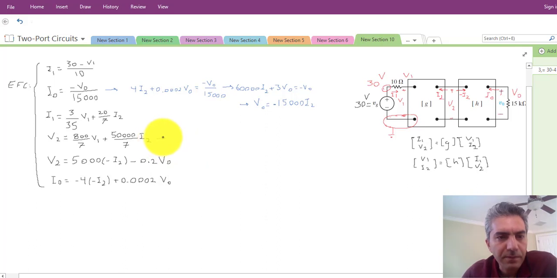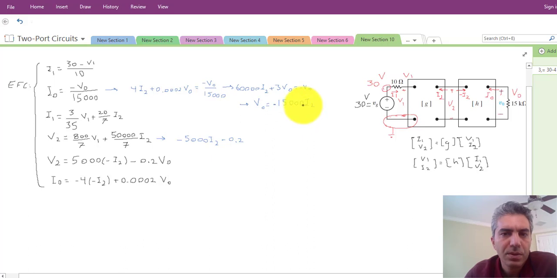So I have minus 5,000 I2 minus 0.2 V out, and at the same time I already know what the definition for I2 is.